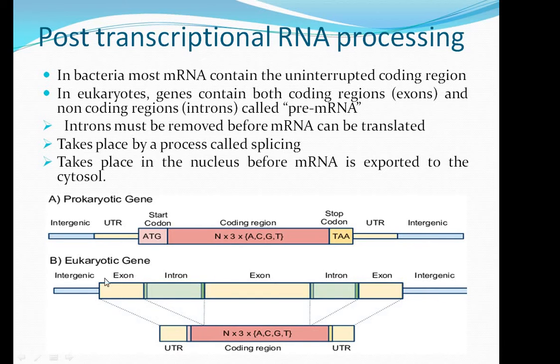The coding regions are known as exons and the non-coding regions are known as introns. So in a eukaryotic gene, exons and introns alternate. Most eukaryotic genes are a combination of exons and introns. This is the exon, intron, exon and again intron.